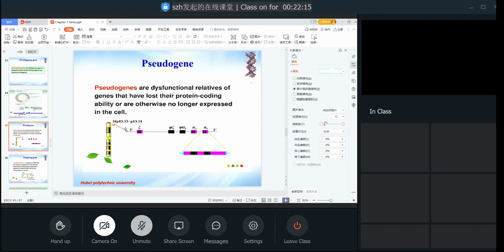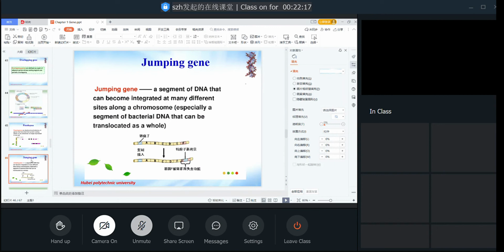And another one, jumping genes. This is a very interesting topic. At the beginning, when scientists presented this topic, other scientists thought it was wrong. Maybe they thought one DNA molecule was destroyed and just produced this kind of sequence.